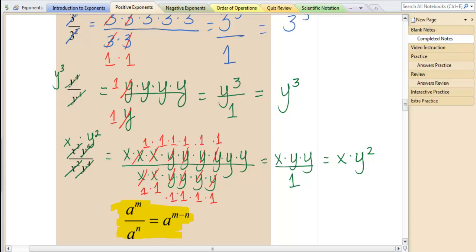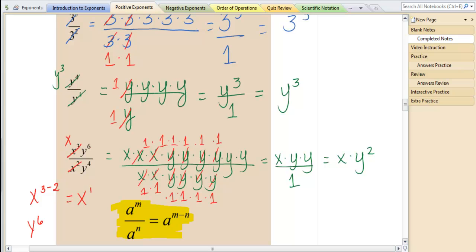And the reason we subtract is because of this idea of canceling out, this idea that here I had two x's and I canceled those with 2 of the x's in the numerator, so I was left with 1x, is really me saying those 3 x's in the numerator minus those 2 x's in the denominator gave me 1x in the numerator. Same thing with the y's.